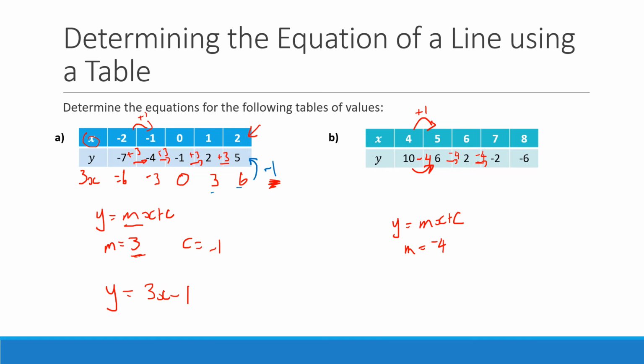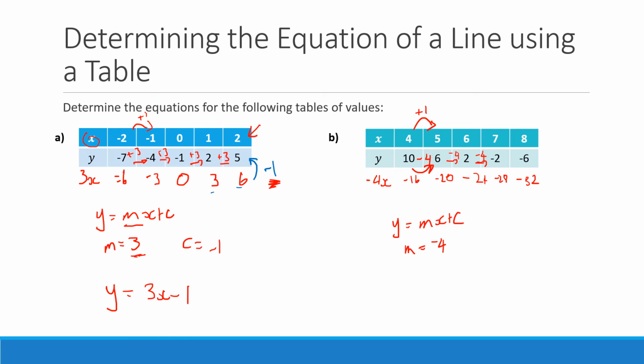All right, so let's see what this one looks like. We'll add in our bottom row, -4x. That'll be -16, -20, -24, -28, -32.